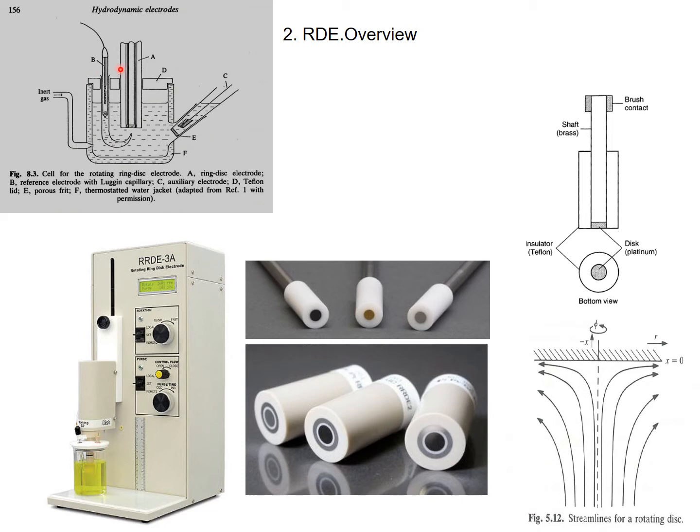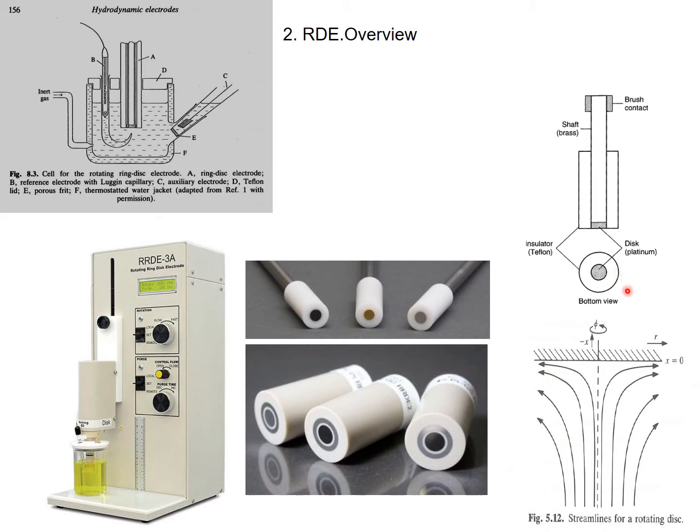This schematic describes the whole system of this rotating disc electrode system, and also this is the schematic only about the rotating disc electrode. Here's the shaft. On the tip of the shaft you can find the disc electrode, and then around this shaft we have the electrode body, which is usually Teflon.